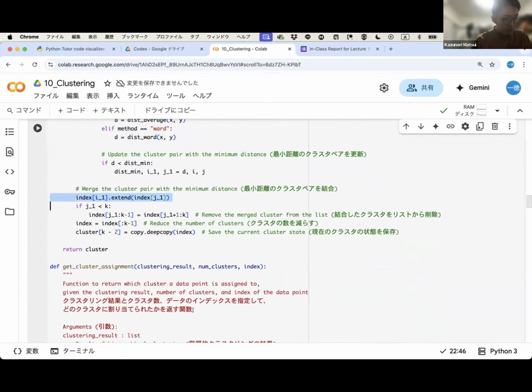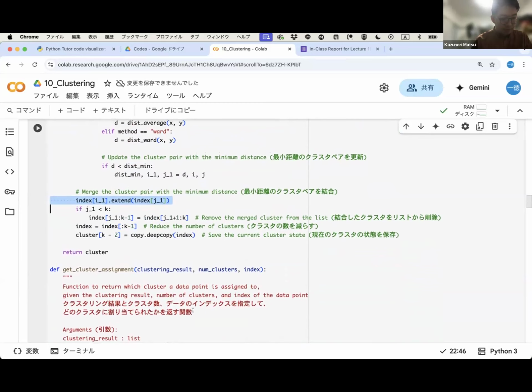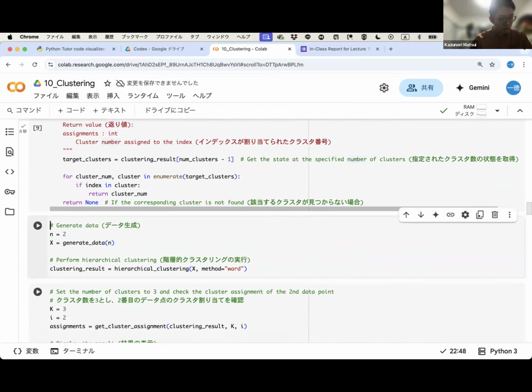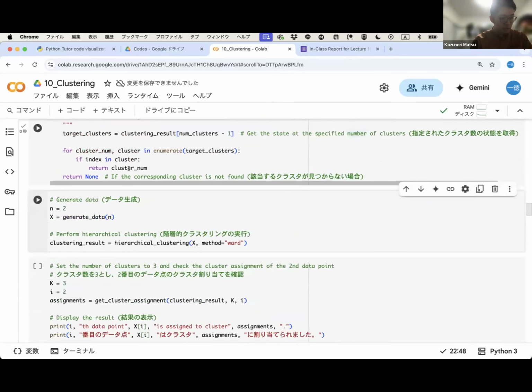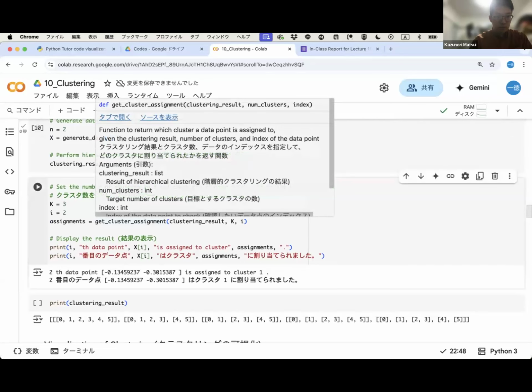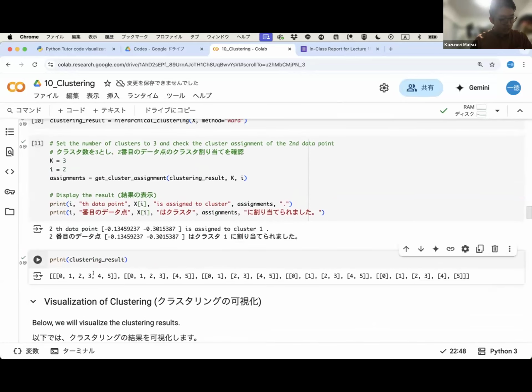If we look at the content of this, the contents look like this.